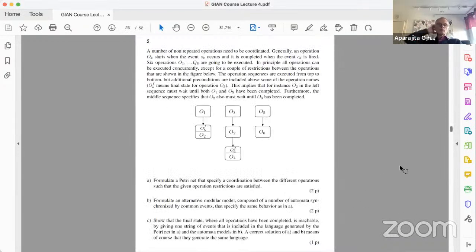And here you could say that this is really a planning problem where we have a number of operations that we would like to perform.